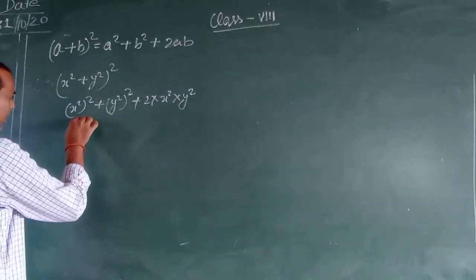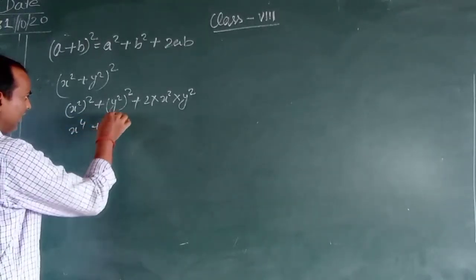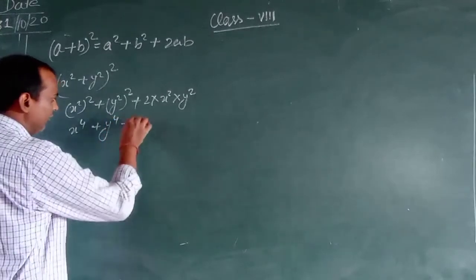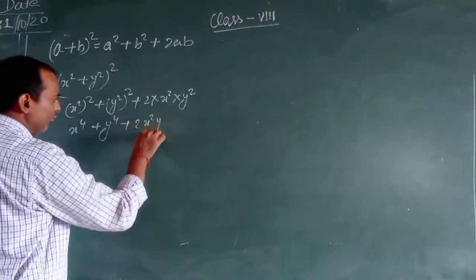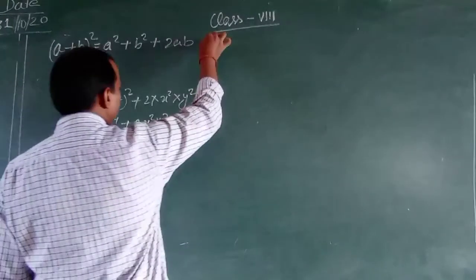So here it can be written x raised to power 4 plus y raised to power 4 plus 2x square y square.